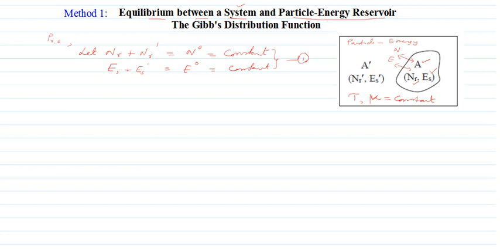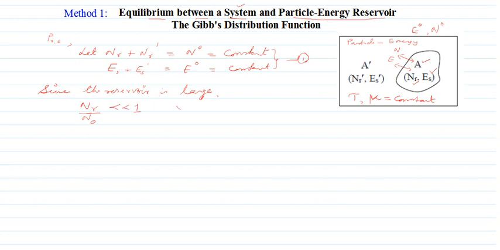Let E_0 and N_0 be the total energy and the total number of particles of the system plus reservoir. Since the reservoir is large enough, always, that is the concept of a reservoir, we can say that in these expressions N_r by N_0, where N_0 is the total value, is always very much less than 1.